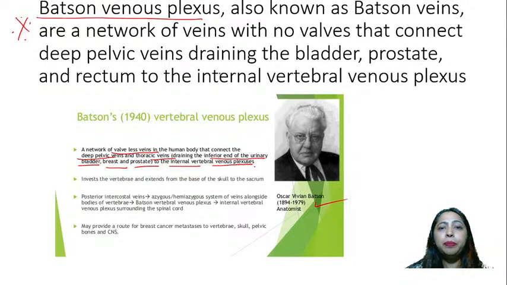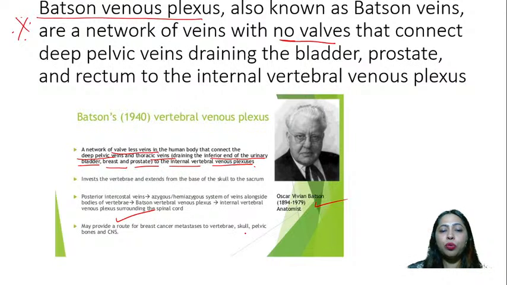Because of the nature of having no valve, there is a very high chance that the carcinoma could spread from one region to another. So this can also provide a route for breast cancer metastasis to the vertebrae, from there to here, from here to there.